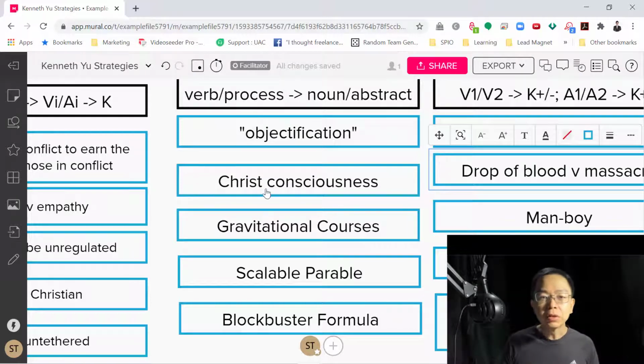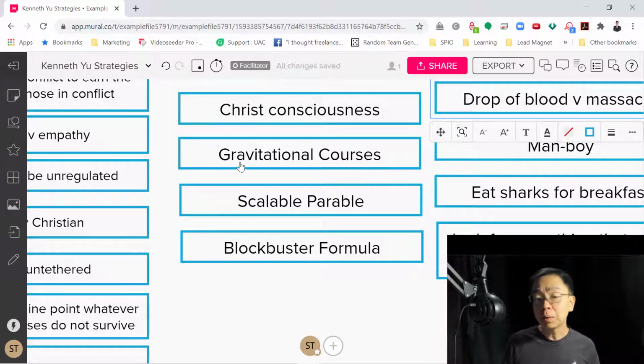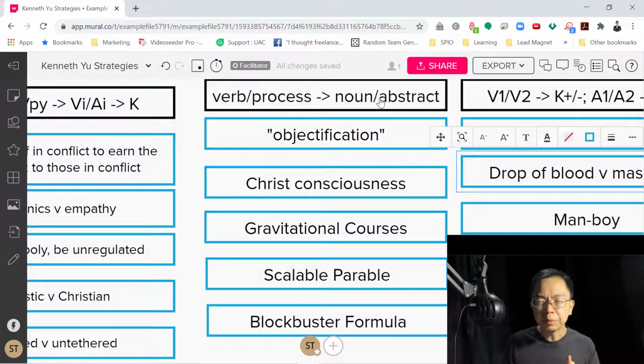Anyway, so he goes into things like Christ consciousness, which is part of his aspirational strategy. Gravitational causes. You probably never heard of this before, but it's like a gravitational cause. Now, what this does is it adds a modifier to the noun. And again, as I'm speaking, I'm sometimes breaking my own definition, because when you think about it a little bit deeper, it becomes more clear, right?